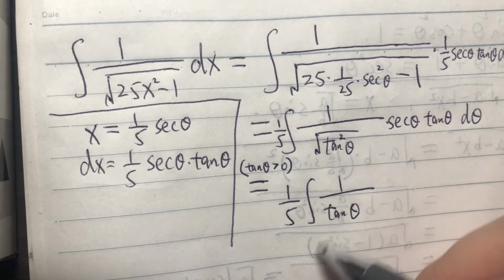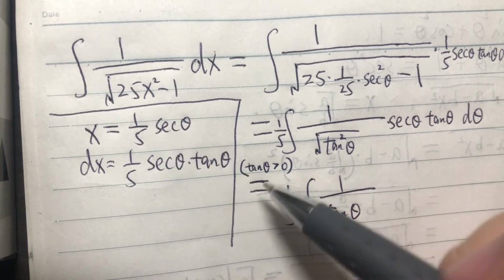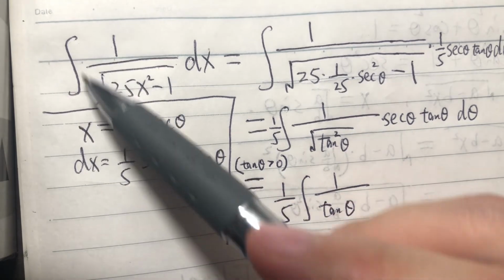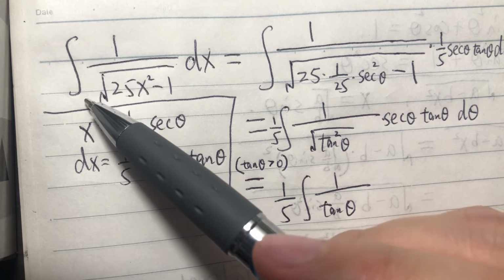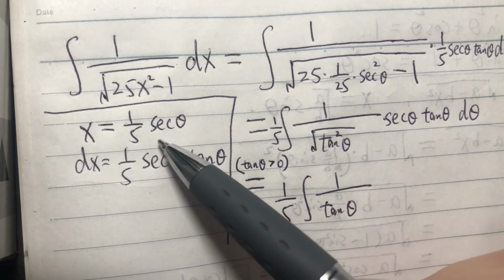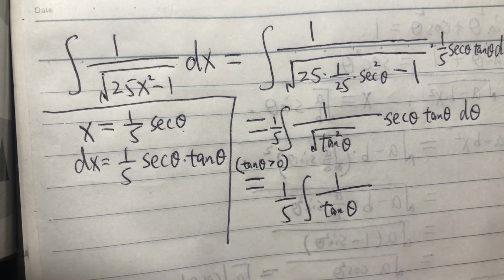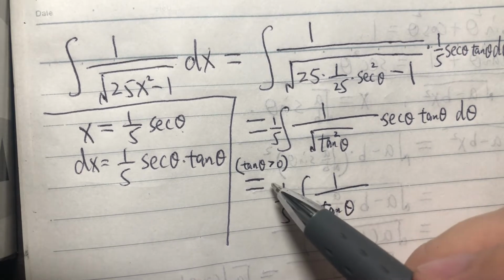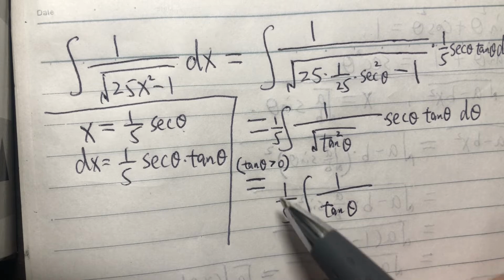This is an indefinite integral, so we don't know the bounds on x or on theta. But when you compute a definite integral, you know the bound on x, so you know the bound on theta, and whether tangent theta is positive or negative. But for now, for simplicity, just use tangent theta is positive.